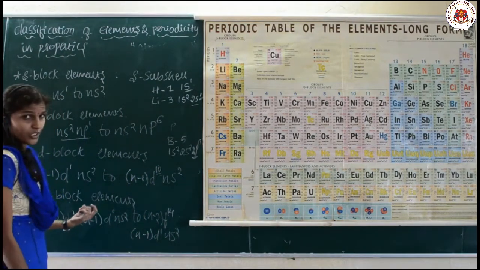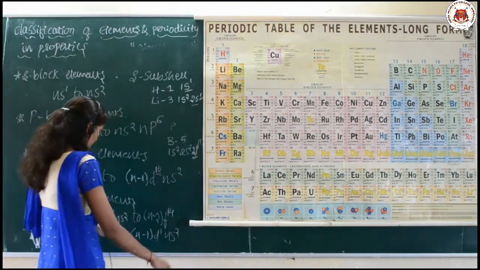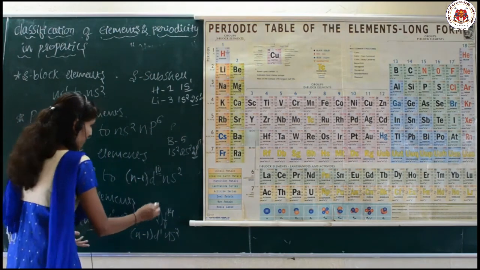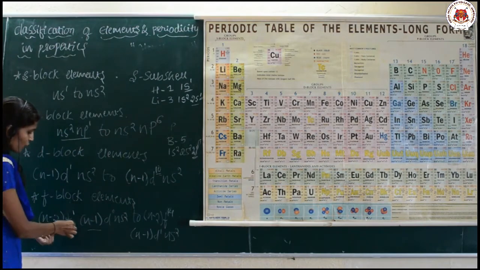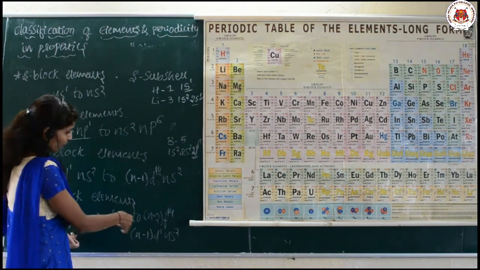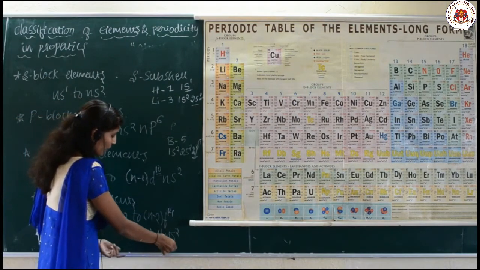As I said, here the last electron enters into the F subshell, and it is the anti-penultimate shell. We can say n minus 2. See here the general configuration: n minus 2 F1 and n minus 1 D0, ns2 to n minus 2 F14, n minus 1 D1 ns2.